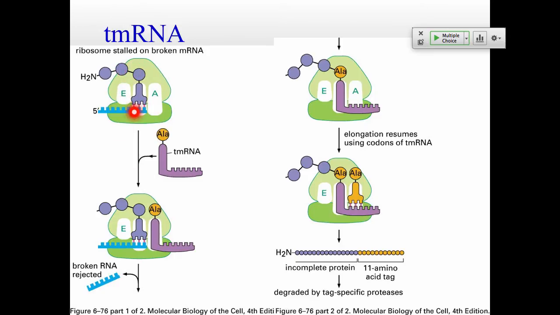But also, again, this is clearly an incorrect RNA because it doesn't have a nice stop codon at the end. So if you have one of these ribosomes that has a broken messenger RNA in it, just has a 3' end here, then the tmRNA can associate with this. Now, tmRNA is a combination of a tRNA and a messenger RNA.